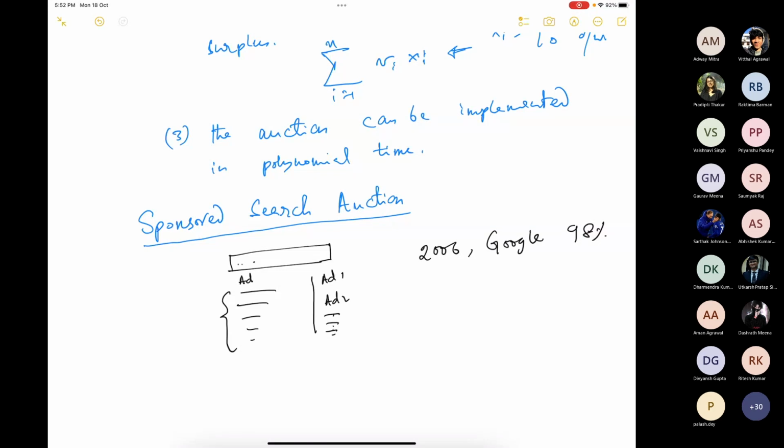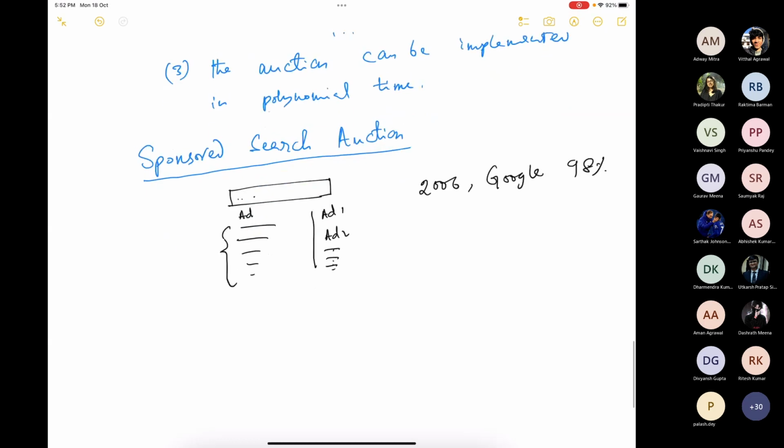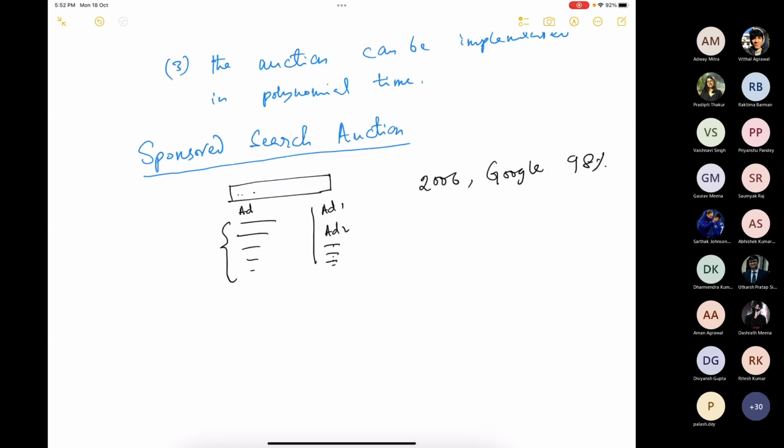Okay, and typically from history, for a fixed keyword, there is something called the click-through rate, or CTR in short. So suppose there are k possible ads which are fighting for these slots, and Google has this data called click-through rate.